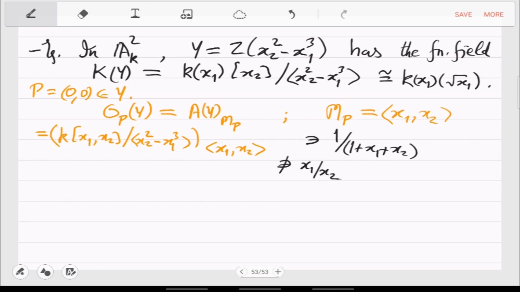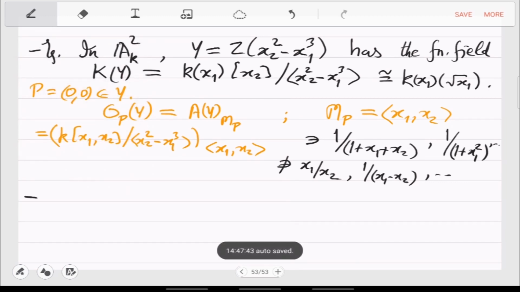Is that clear? Similarly, 1 over x1 minus x2 is also not defined, and here 1 over 1 plus x1 squared is defined, and so on. So you get a complete understanding of what these functions are, you can explicitly work with them.